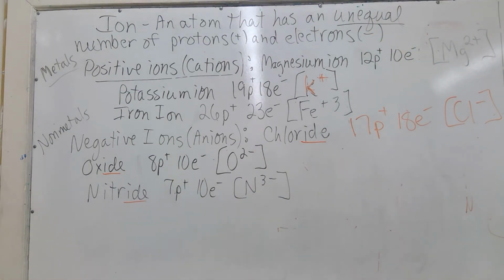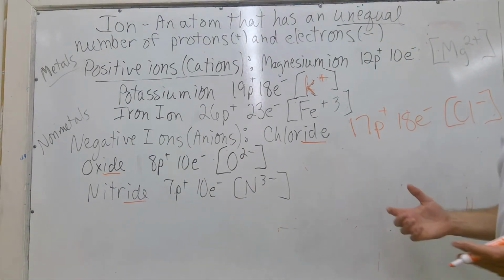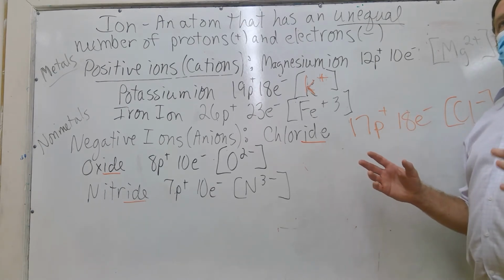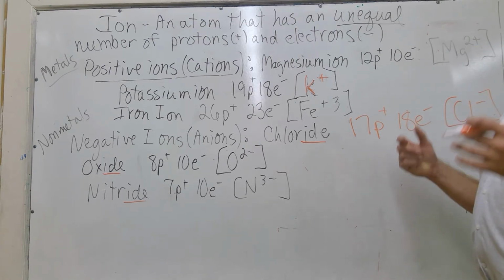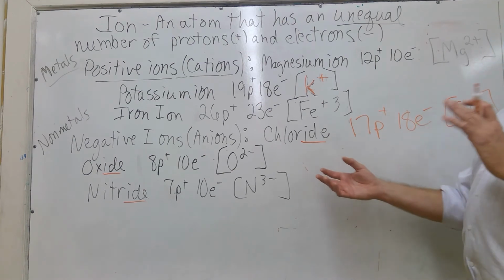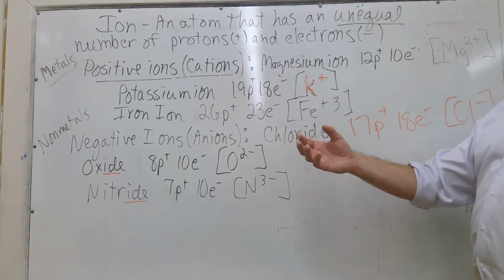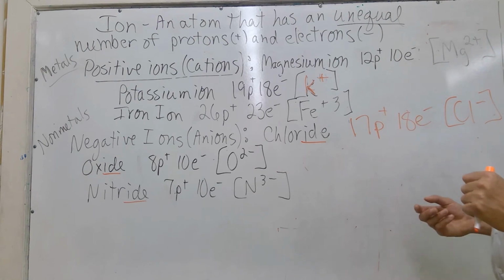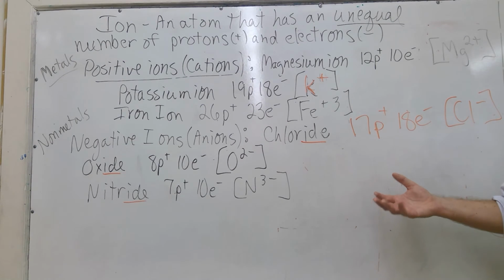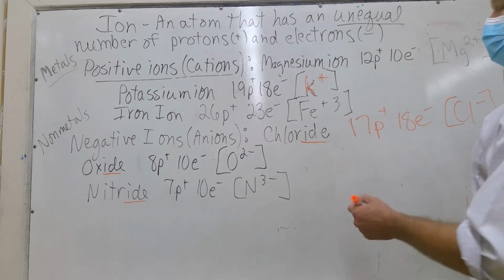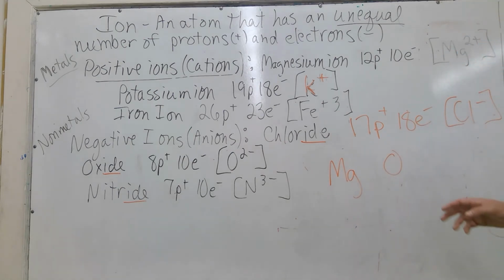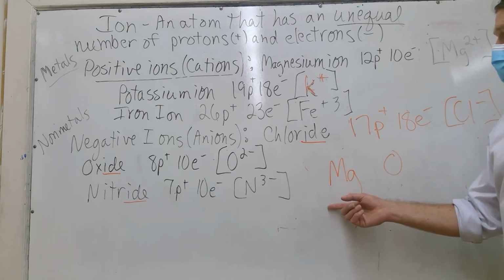So as we see here, most elements don't keep that stable, equal number of protons and electrons. More often than not, an element is going to combine with another element, and there will be an exchange resulting in a gain or loss of electrons. And these form the most common compounds that we'll be working with. For example, we'll be having a lab where we're going to be burning some magnesium later this semester.